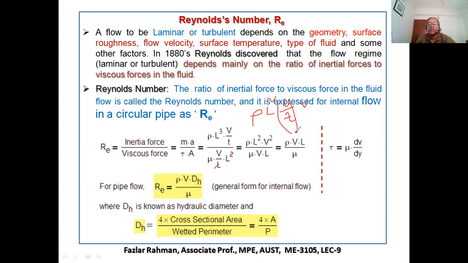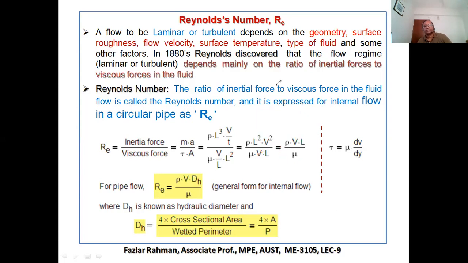So what is L by T? L by T equals V. So at the top comes rho L square V square. Then you simplify: one L will be out, one V will be out. So here you are getting the Reynolds number, rho V L by mu.